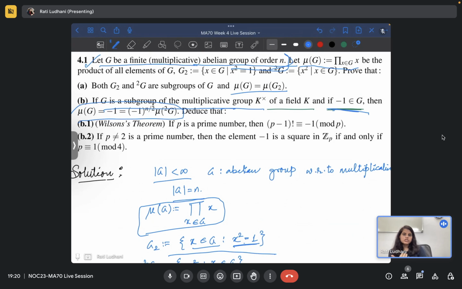Now we can choose some G and K star of our choice which satisfies this condition, that G is a subgroup of the multiplicative group K star, where K is something which we are also picking because we have this choice. We are just putting some G and K of our choice so that -1 is also in G. Then we have this condition mu G is equal to -1.